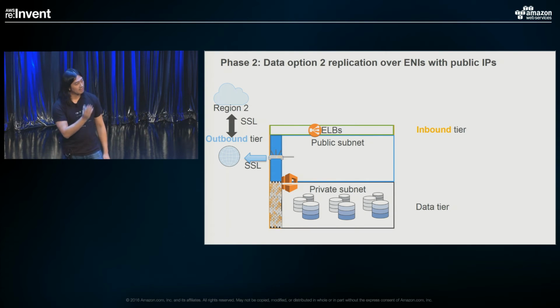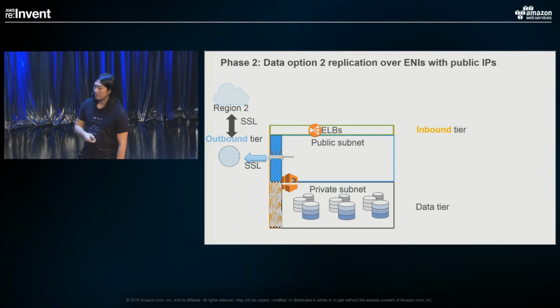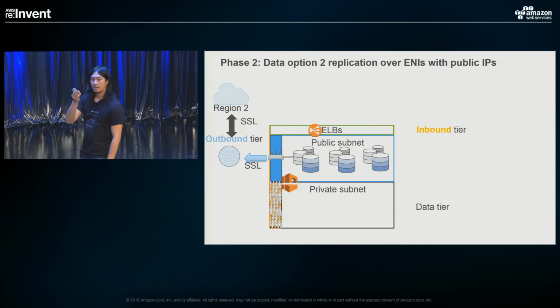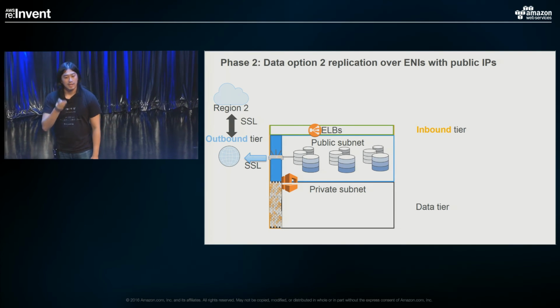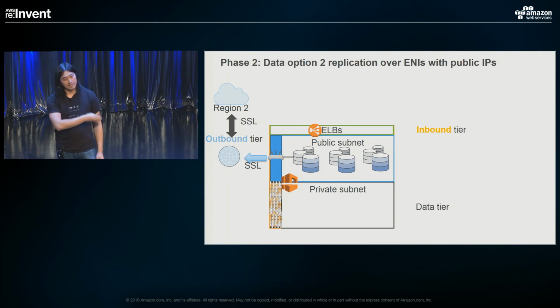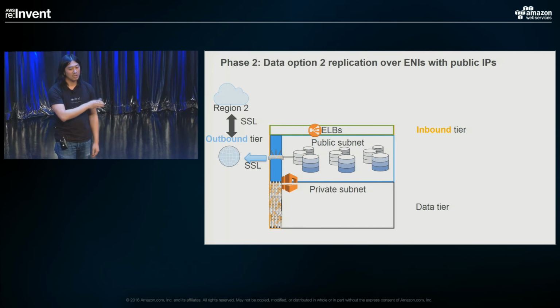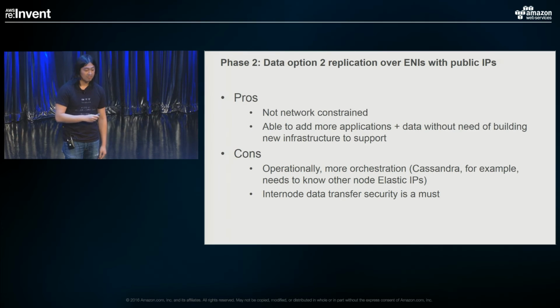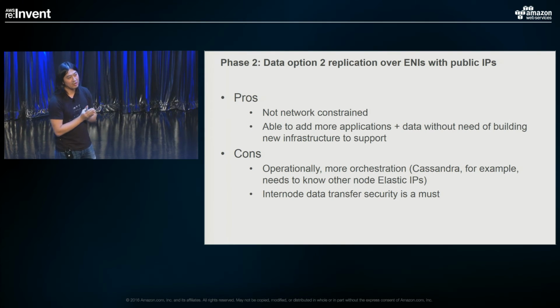The second option, again in this same phase, is that maybe you go replication over ENIs with public IPs. So basically move your database into a publicly accessible area and then have them communicate over SSL, some secured channel, to the other region over the internet. And there are some really good things here, right? Some of the pros and cons here are that now you're not network constrained.